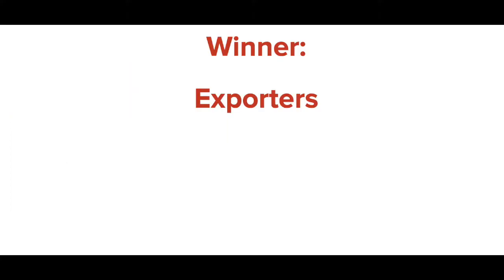Therefore, the winners are the exporters, as when an importing country has a depreciation, the country has a weaker currency, meaning that they would have to spend more for a certain good. And therefore, the exporters would earn more.